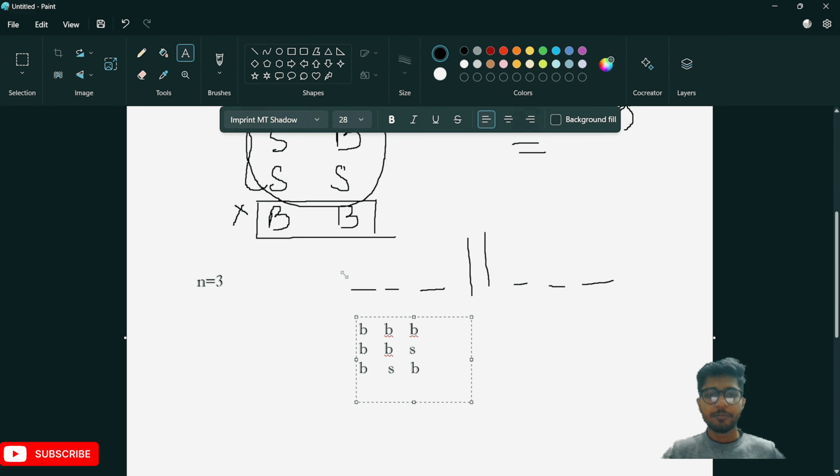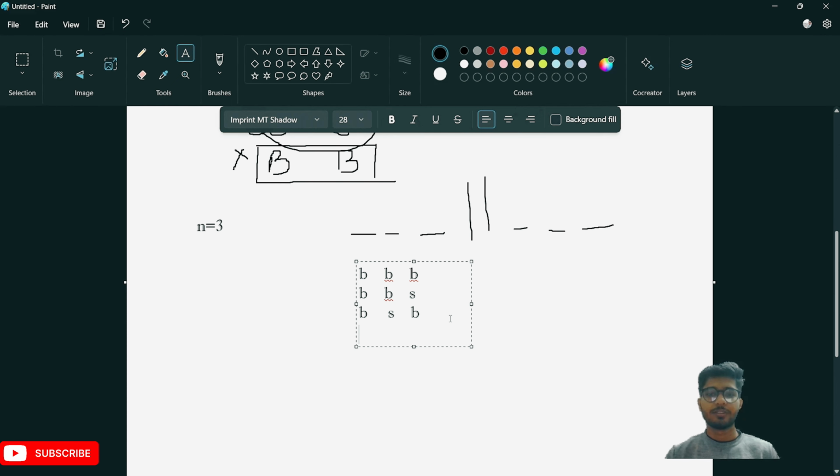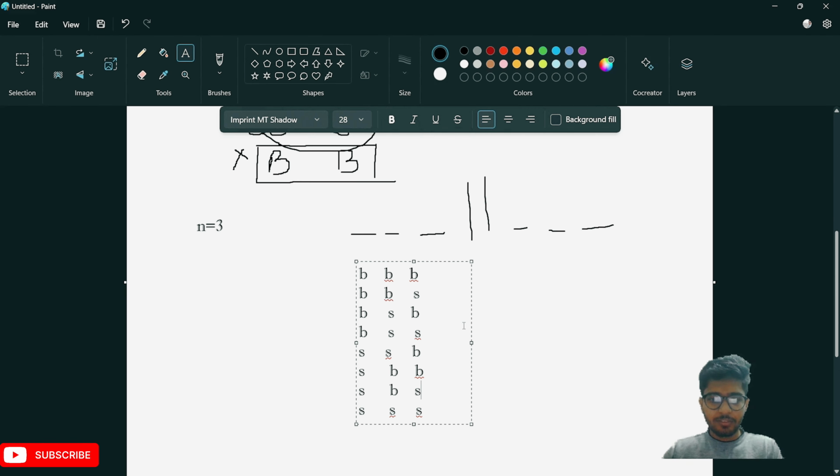And accordingly there will be 2 to the power 3 combinations because we have 3 spaces, right? So we will get 2 to the power 3, that is 8 possible combinations. So let us write those combinations quickly. Space, space and space. That means there is no building on either side. So these are the possible combinations.